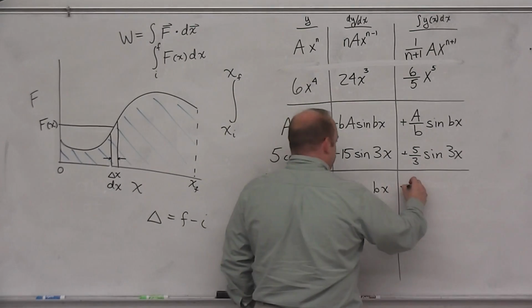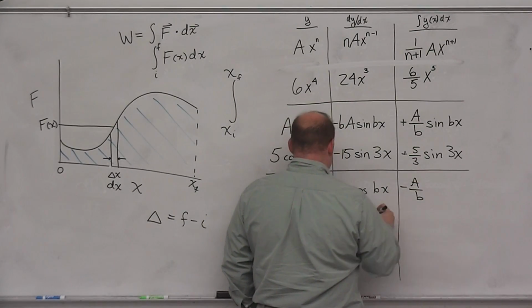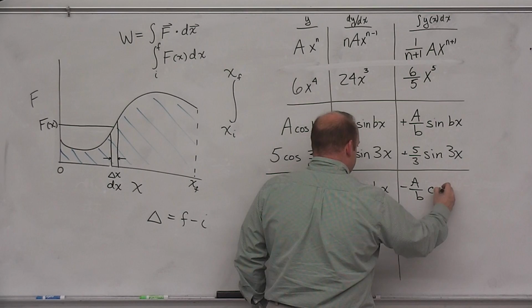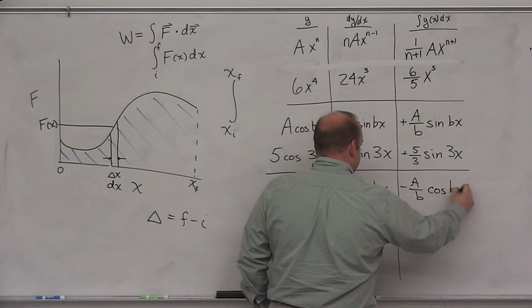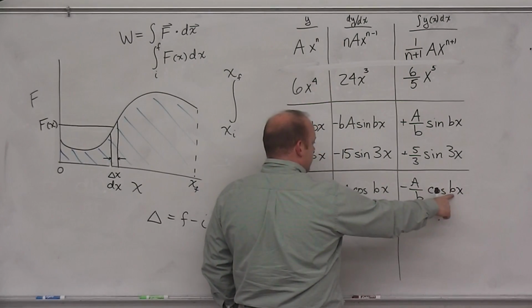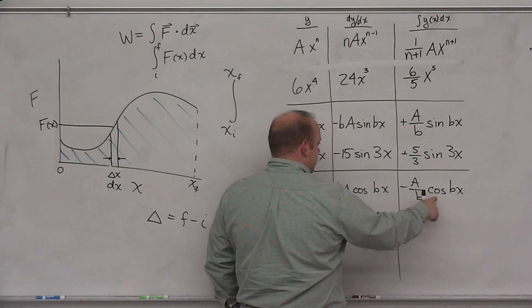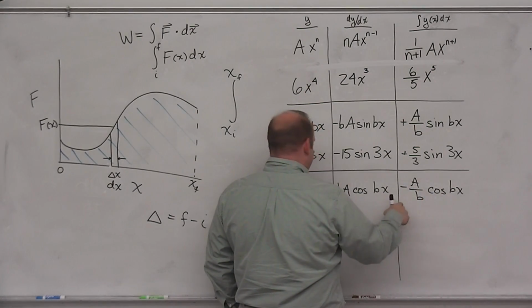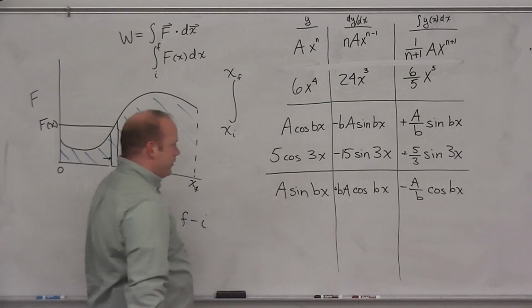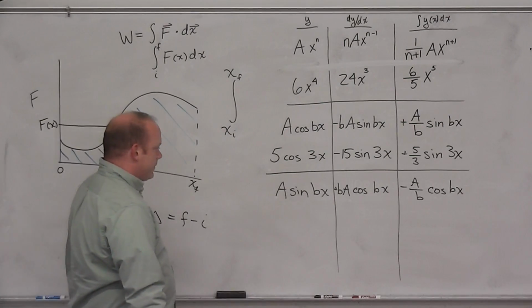This will be a over b cosine of bx. Take the derivative of that, b comes out, you get negative a. Take the derivative of cosine, you get negative sine. So you get the sine of bx, negative, negative, positive, positive, and we're back out to where you would expect.